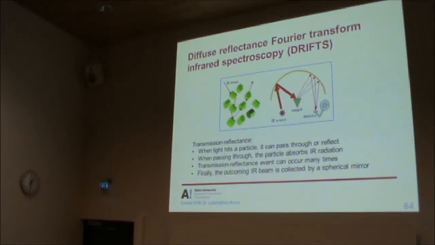And one important thing about diffuse reflection infrared spectroscopy is that you have both reflection and transmission happening, it's a mix. If you observe this, the beam in this part is going through, but here it's getting reflected. So it's both transmission and reflection. And during the transmission, the infrared radiation can get absorbed, and that again gives us an idea about what kind of bonds are there inside the sample.